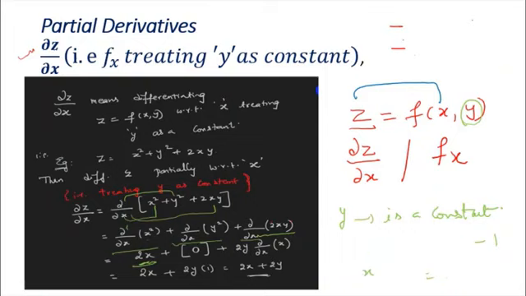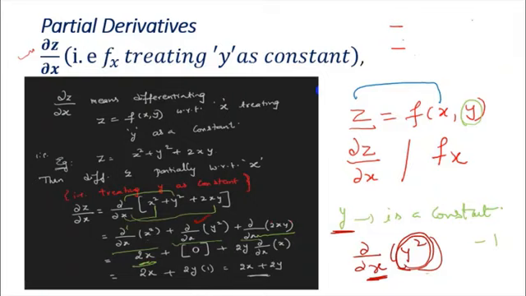Then the next term is dou by dou x of y square. Just as we have written here, treat y as a constant. What is the derivative of a constant? You are differentiating with respect to x, but you are differentiating y square, so it will be treated as a constant.